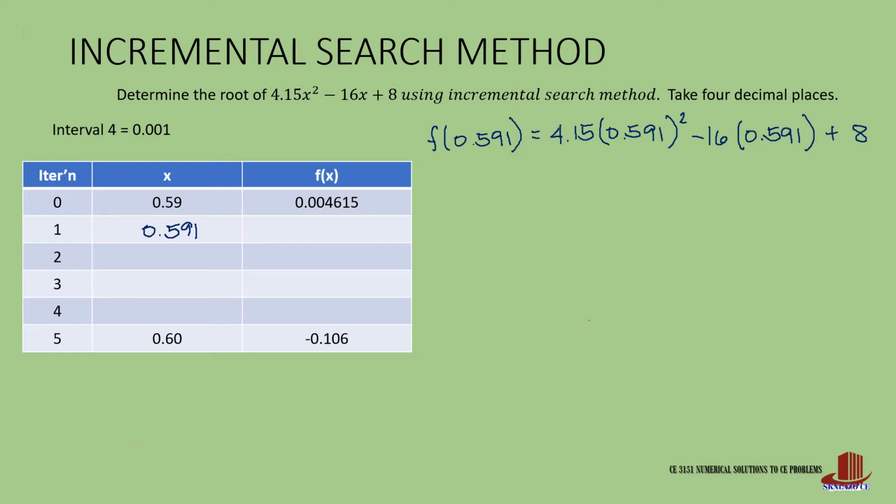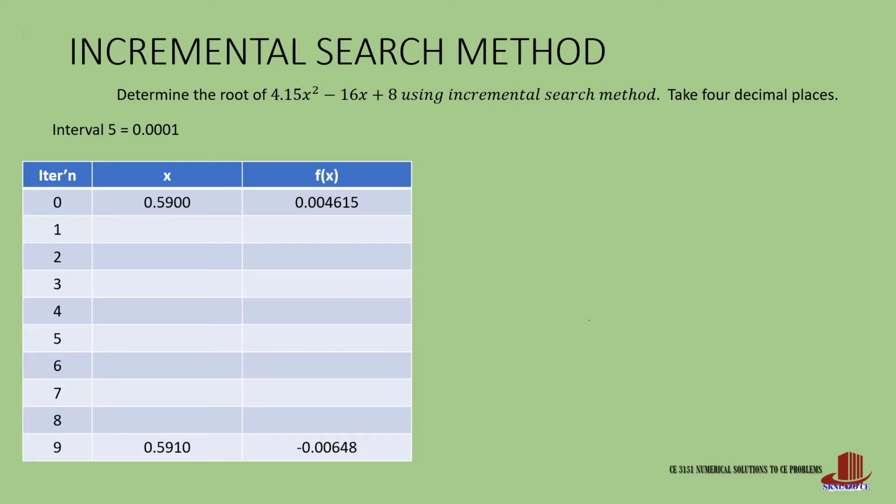And we get negative 0.00648. With this first try, we would be sure that we have our next decimal place coming from 0.59. Now we know that our root lies within 0.59 and 0.591. So we work with our last interval of 0.0001 to have 4 decimal places.